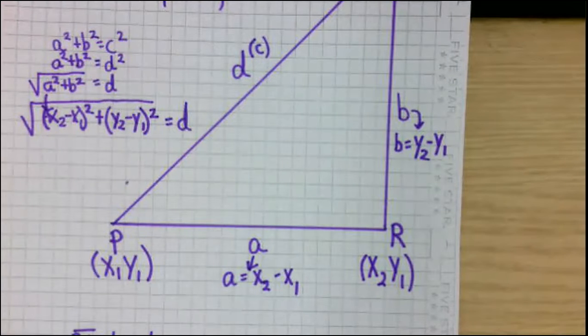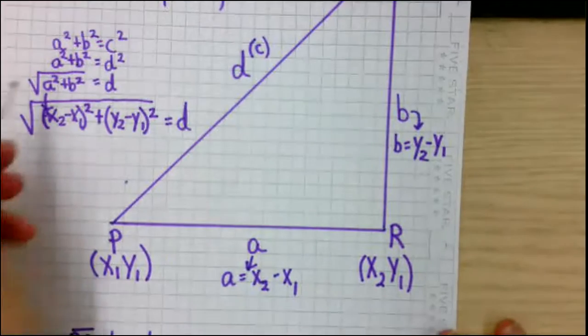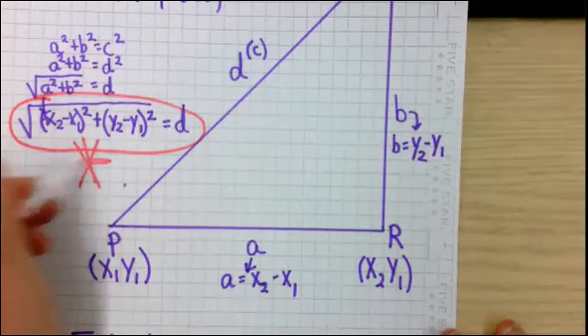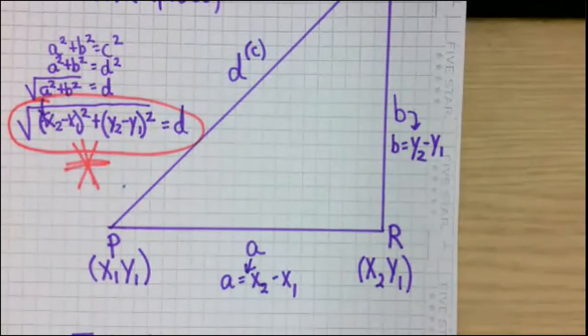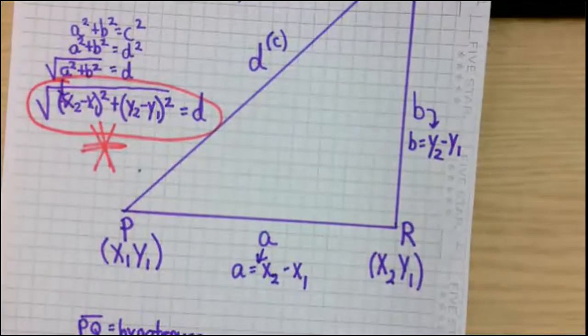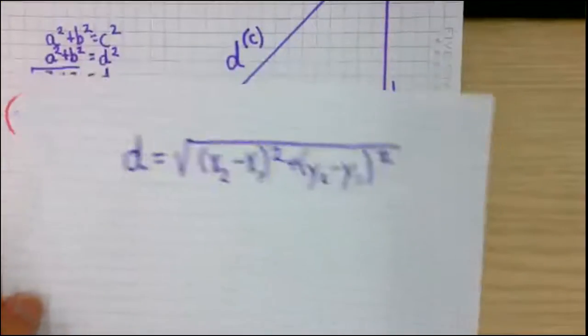So we have just derived an important formula that you will be using a lot. It is called the distance formula. I have that written bigger here for you. This is the distance formula. I put d on the other side.